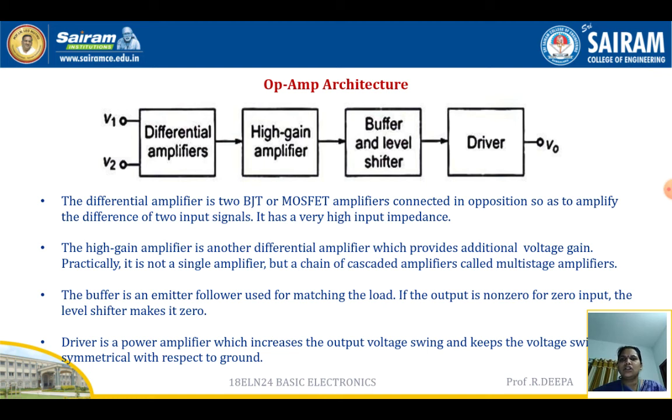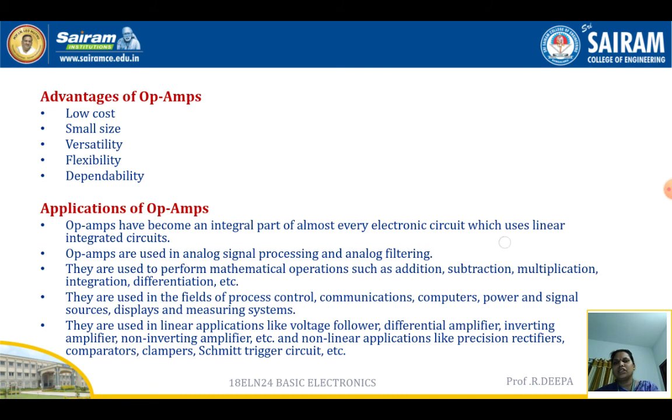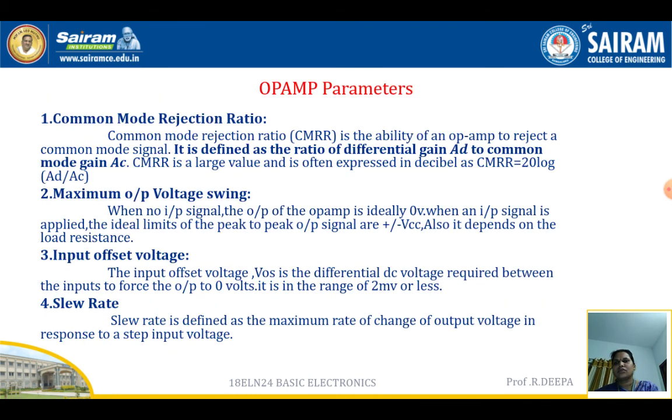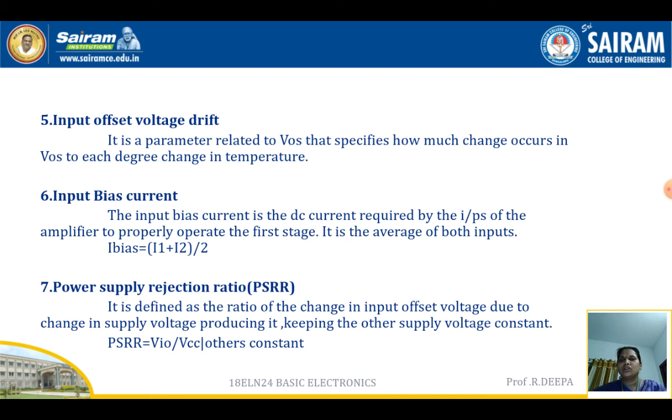In order to drive the differential amplifier, we need to give some minimum input current at V1 and V2. It is nothing but the average of both the input currents. It is represented as I bias, which is equal to I1 plus I2 whole divided by 2.